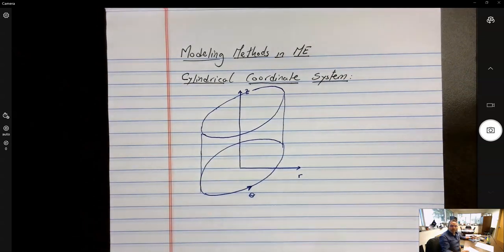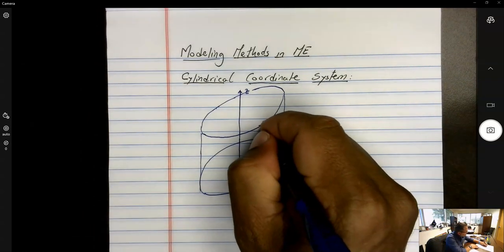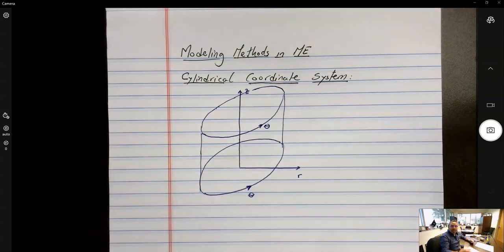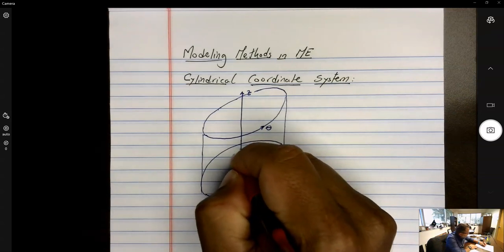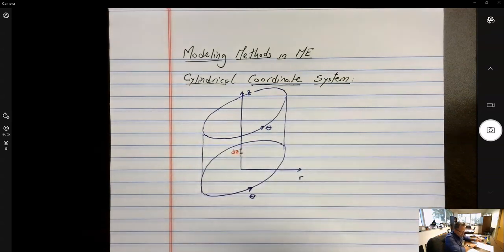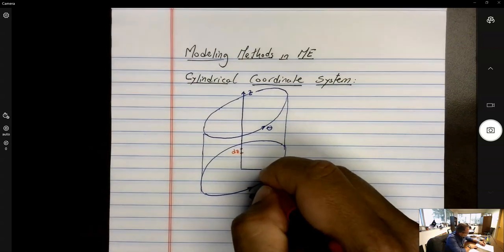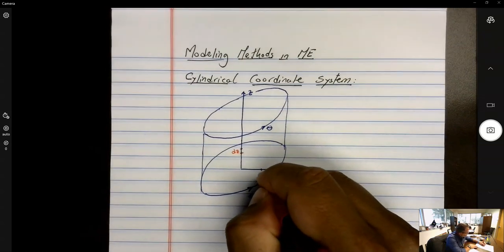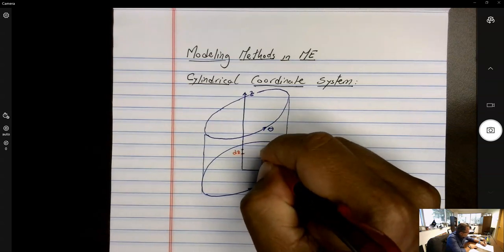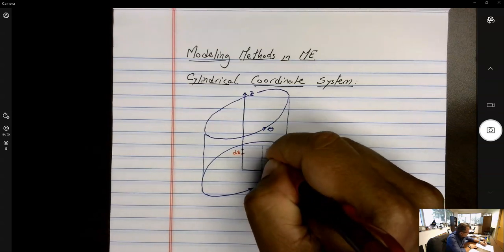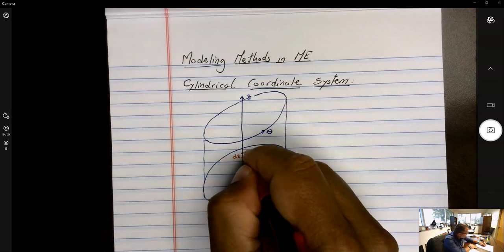That's a cylinder. There's theta also surrounding around the axis Z. And if we take a little bit of Z, for instance, call this dz, and take a little bit of R, and call this dr, and then we can project in this direction, and project in this direction.